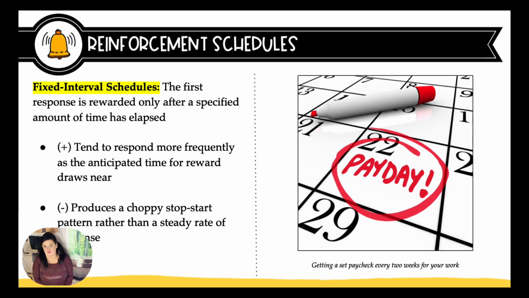A fixed interval schedule in the real world would be an interval of 2 weeks. The employee receives reinforcement every 14 days or every 7 days, which may result in a higher response rate as payday approaches. Right? Dental exams are a really good example of a fixed interval schedule.